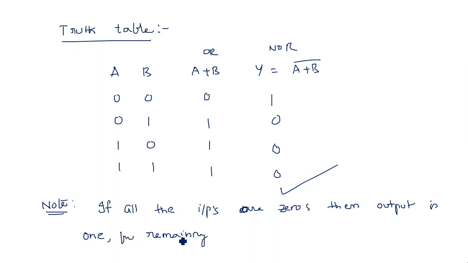For all remaining cases, output is 0. That is the meaning of the truth table of the NOR gate.